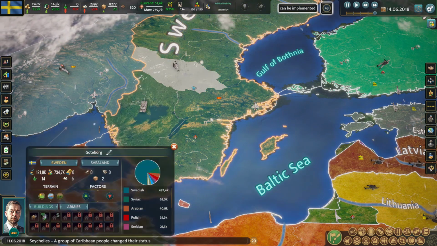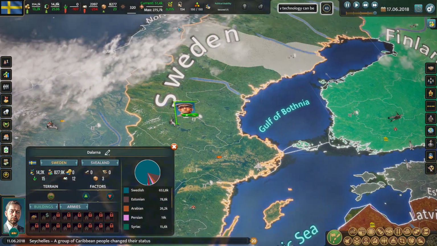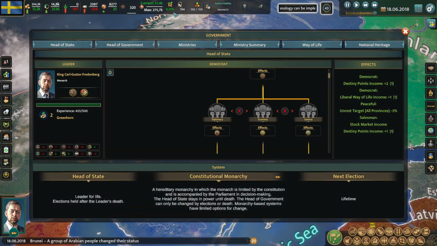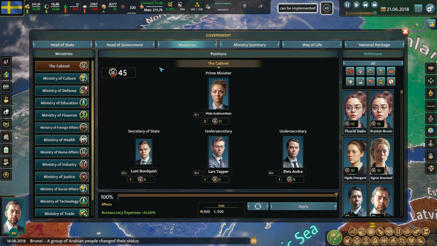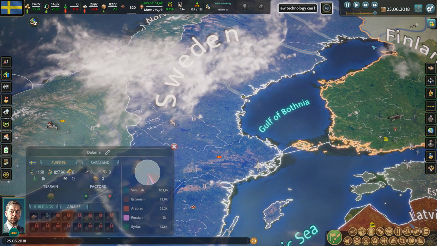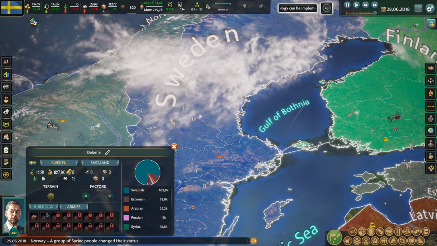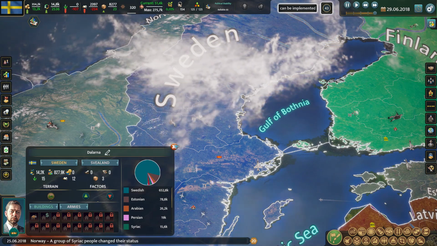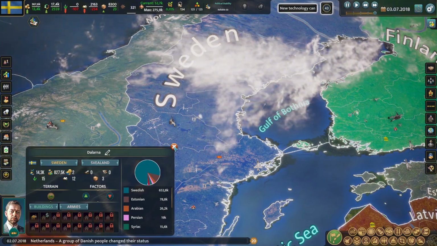So you need your provinces, you need to open up building slots, you need your ministers to be ready to supply you with all of the bonuses that lower your costs and increase your incomes. And that is the basis for the economy in Realpolitiks 3.